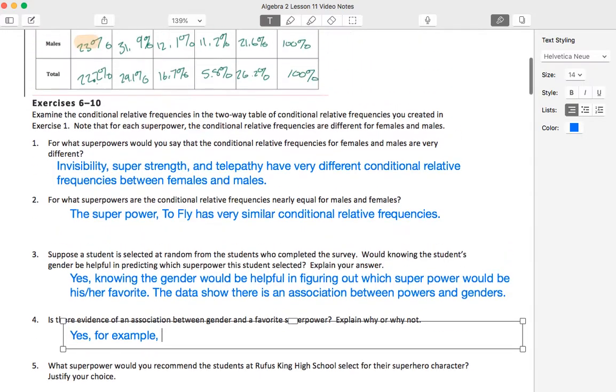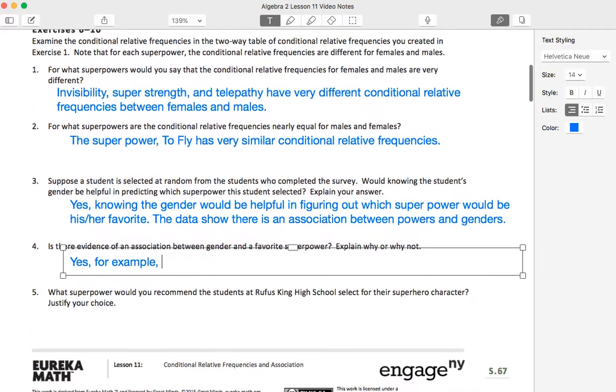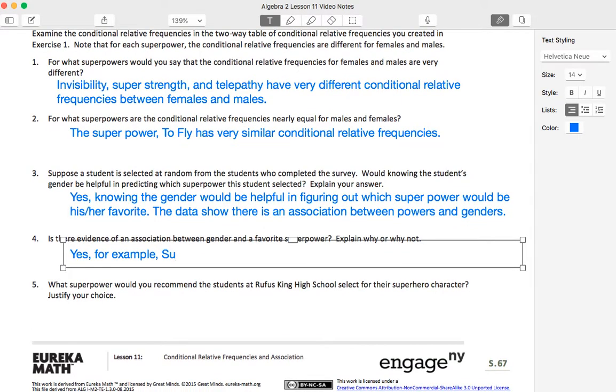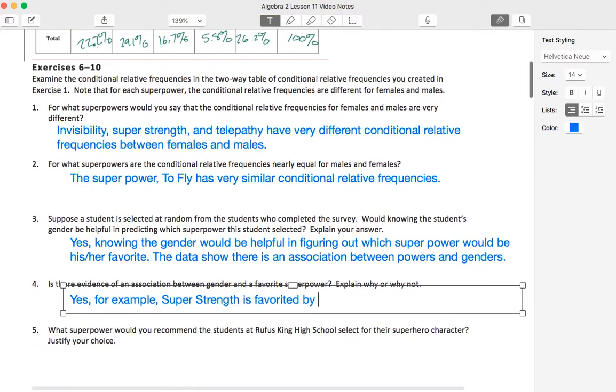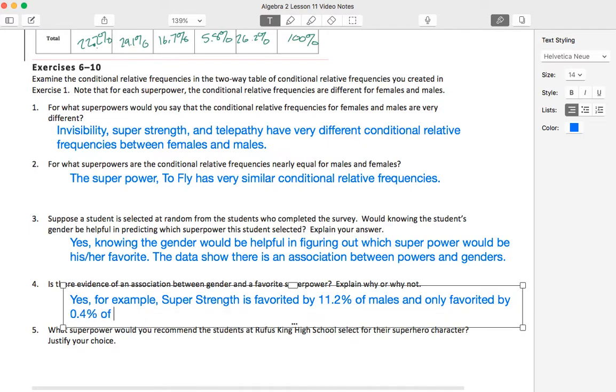For example, super strength is favorited by 11.2% of males and only favorited by 0.4% of females surveyed.